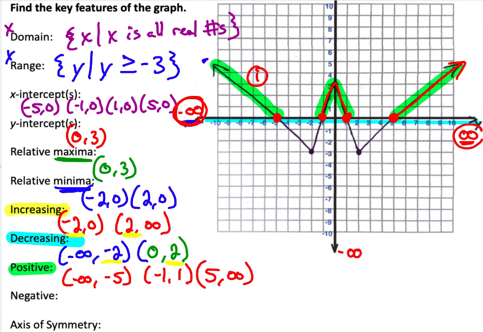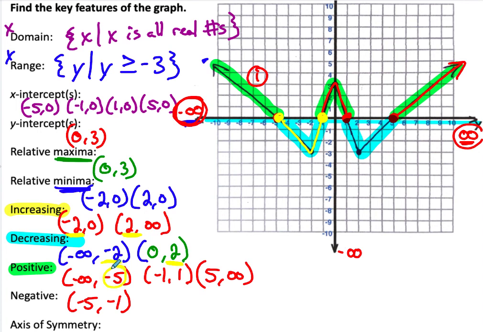Okay. Now I want to look at where it's negative, where it's below the x-axis. So here's one section, and here's one section. Okay. So one of them starts at -5 and stays negative until we get to -1. So -5 to -1.